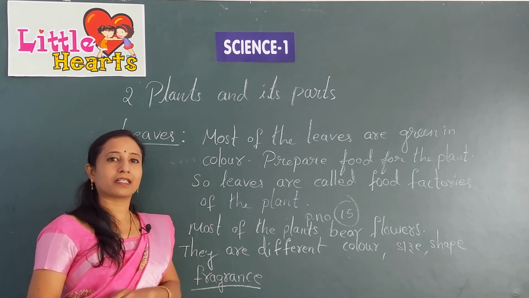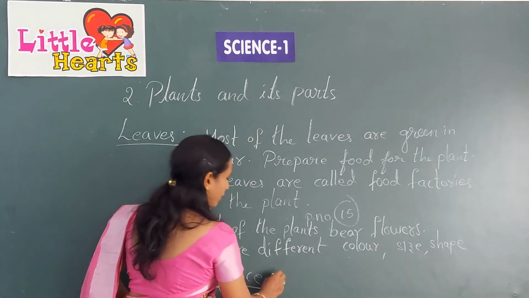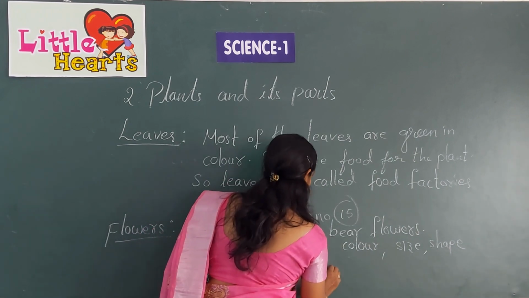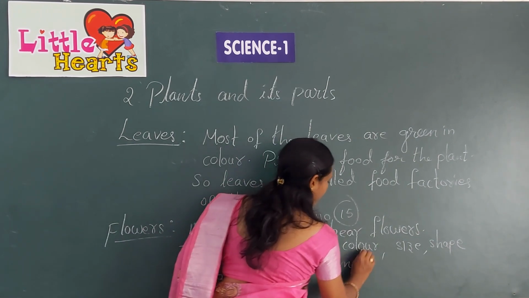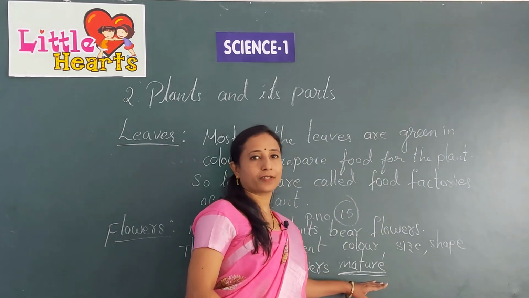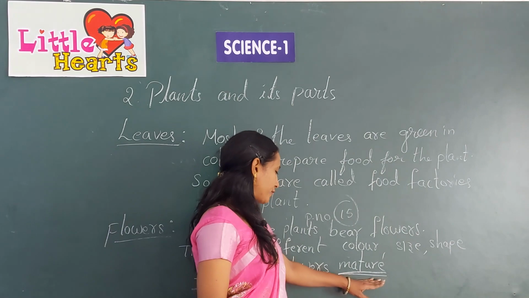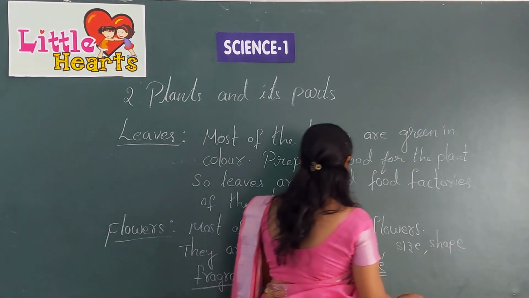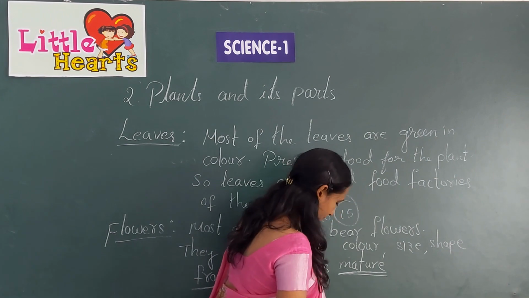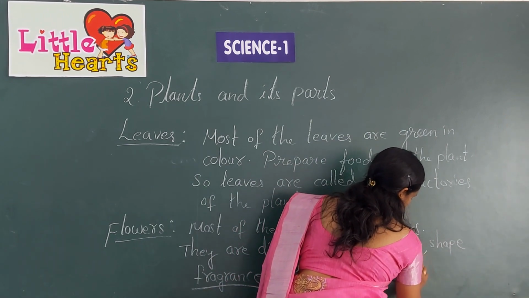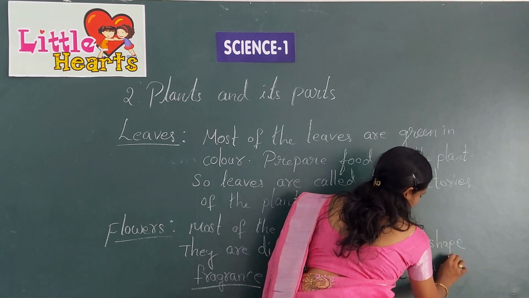These flowers turn into fruits. Flowers mature. Mature means what? It takes some period of time. After some period of time, they mature and they turn into fruits. Flowers mature to form fruits.